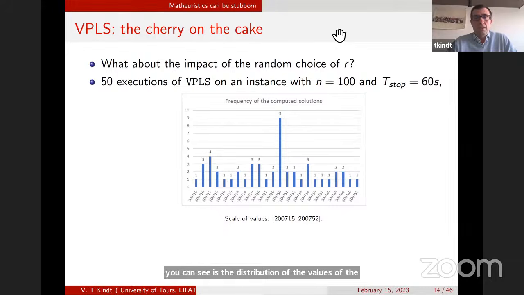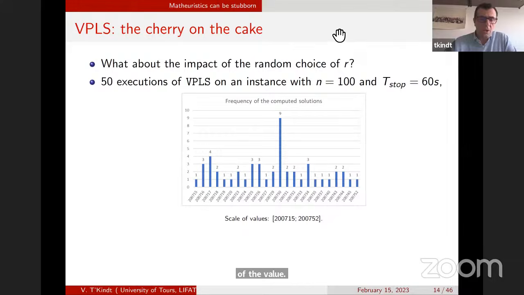Clearly, there's a solution that appears most often, 9 times, which is the solution with the value 200,729. But you can also see that there is a large spread of the values. So you don't always have the same solution.